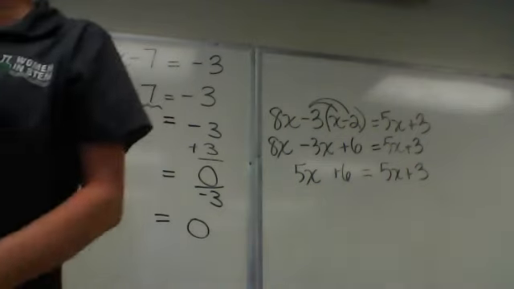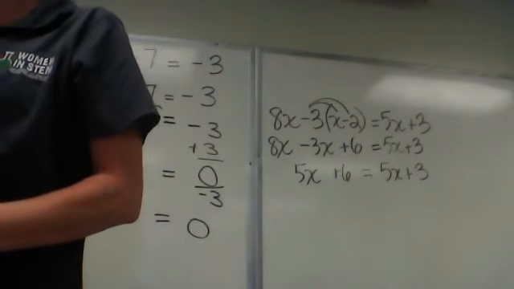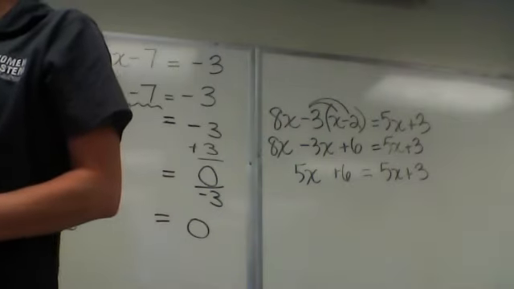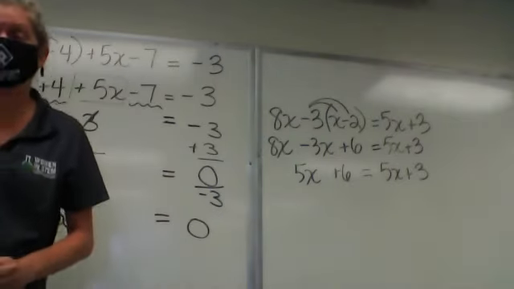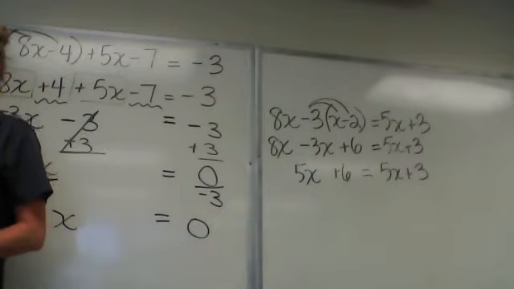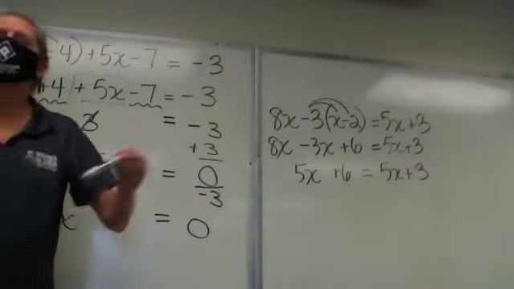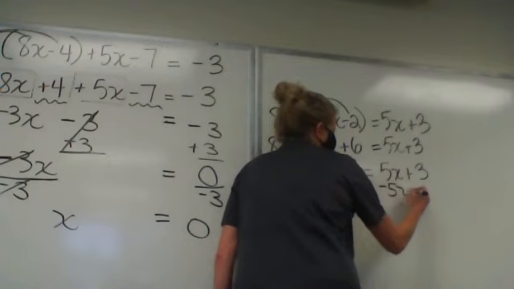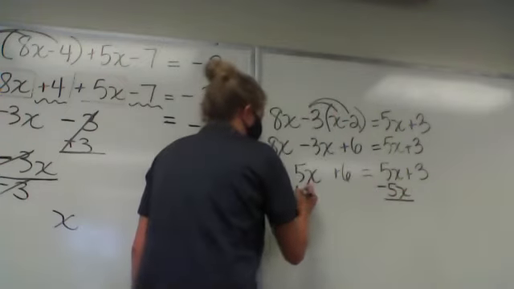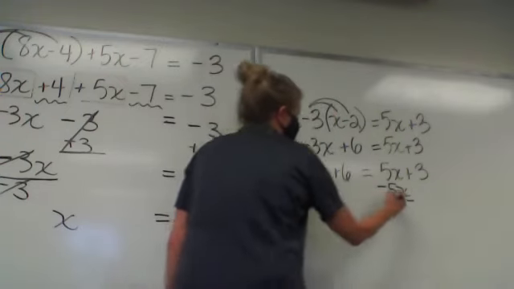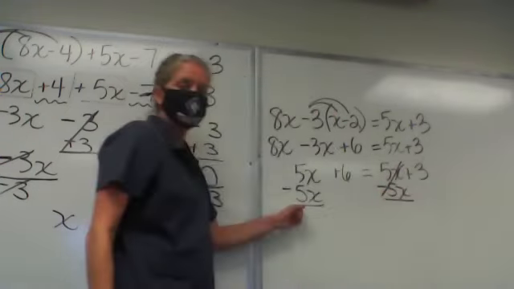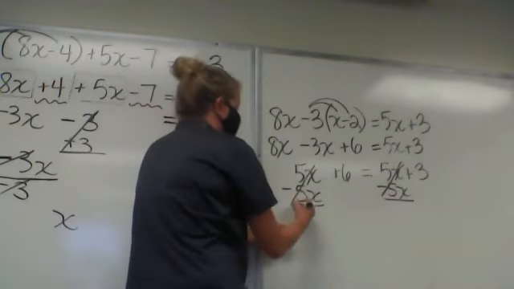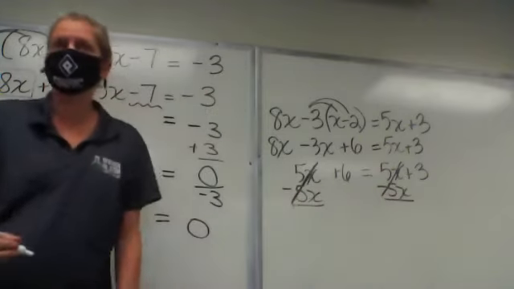Do I have x's on both sides? I can't tell which one is smaller because they're the same. So what happens if I decide to cancel out this one by subtracting the 5x? I have to do it over here. So it canceled it here, but what else did it do? It canceled it there also.